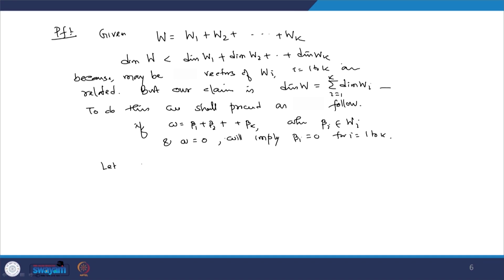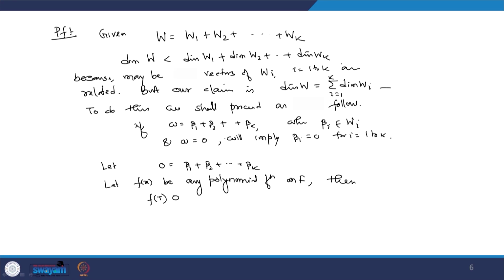So, let 0 equal beta1 plus beta2 plus ... plus betak. Let f(x) be any polynomial function on F. Then f(T) operating on 0 equals 0, which equals f(T) operating on beta1 plus f(T) operating on beta2 plus ... plus f(T) operating on betak.